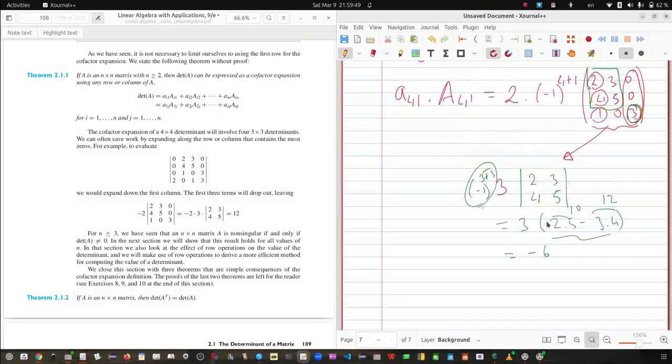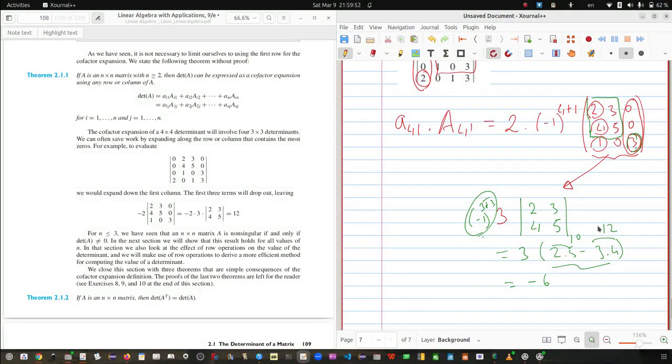If I am not wrong. Then this is just the determinant of this section. So there is a sign here which is coming minus, and totally it is minus 2 times minus 6, which is equal to 12. This is the answer.